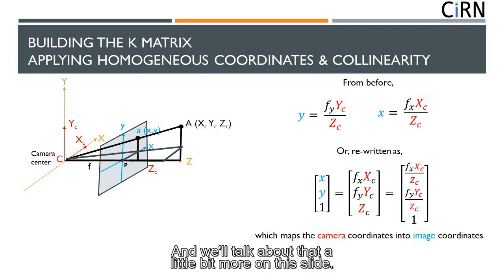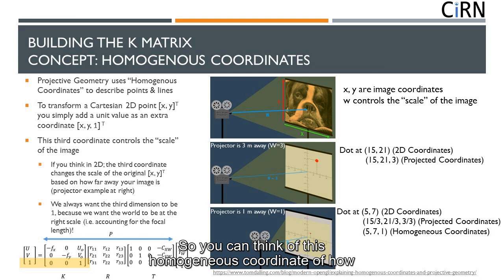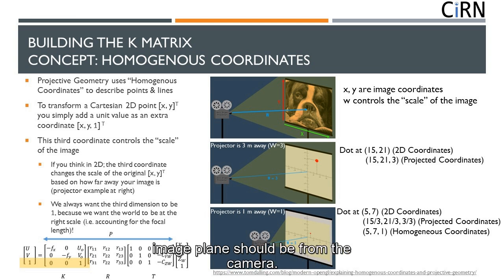And we'll talk about that a little bit more on this slide. You can think of this homogeneous coordinate as correcting for how far your image plane should be from the camera.